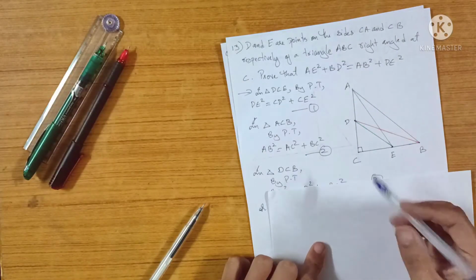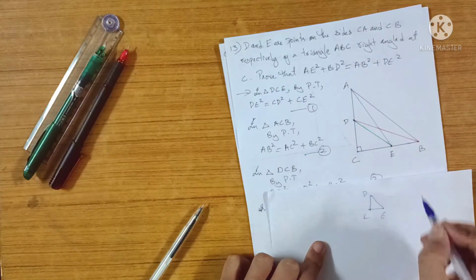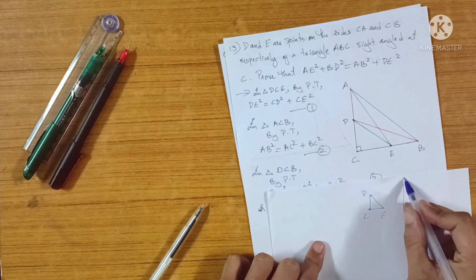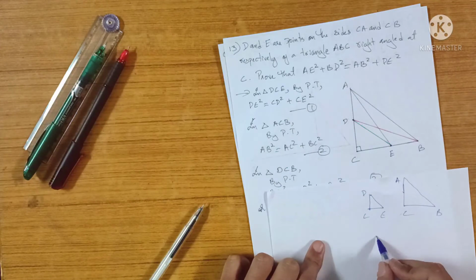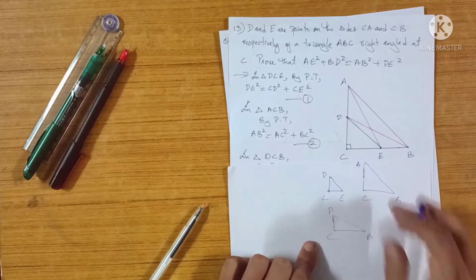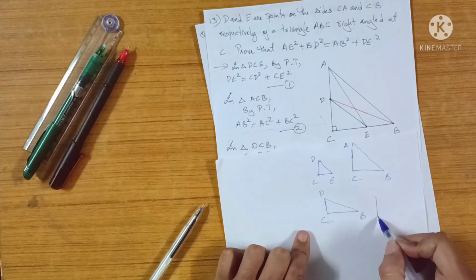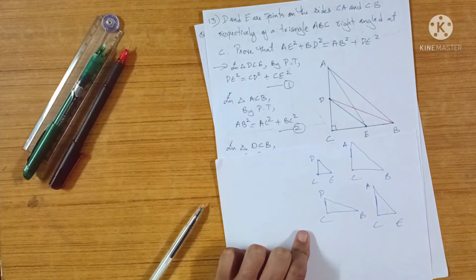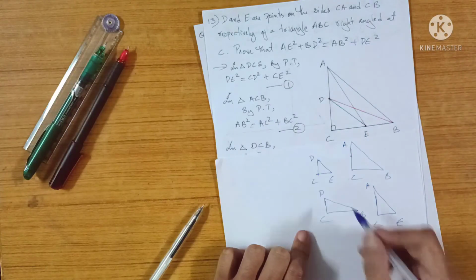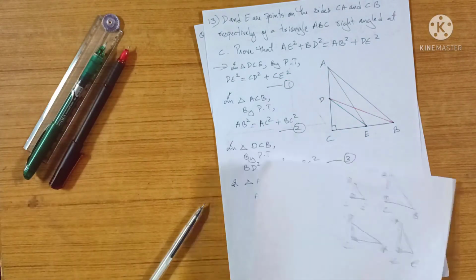From here we took this one first, DCE, the smaller one, and then we took the bigger one, that is ABC, and then we took this one, DBC, and then at last we took this one, ACE. Okay, so all of these are right angle triangles, and I don't think we have any more right angle triangles to do.